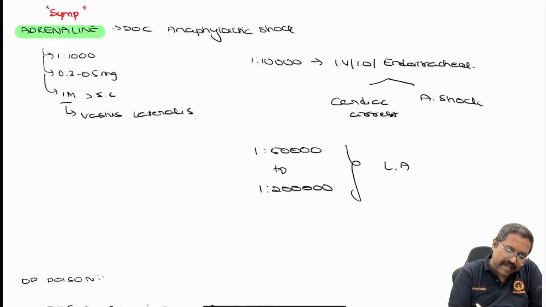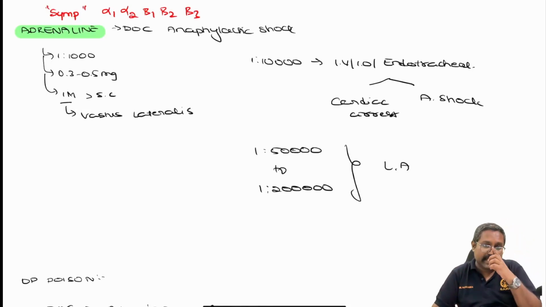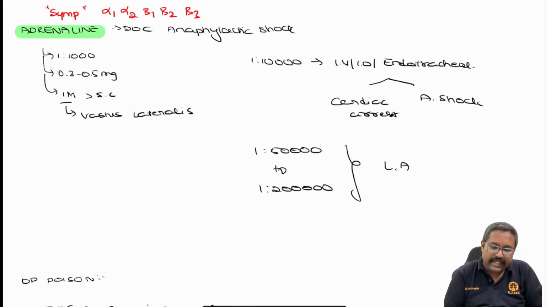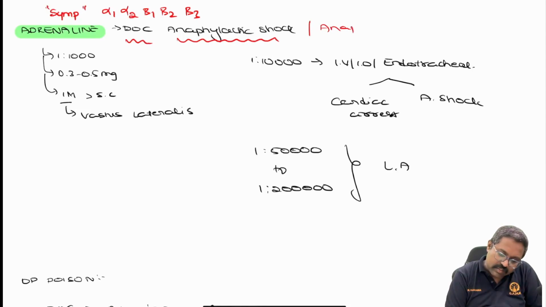Basically, it acts on the alpha 1, alpha 2, beta 1, beta 2, as well as the beta 3 receptors. So adrenaline is the drug of choice for anaphylactic shock. If they ask about anaphylaxis also, the drug of choice will be adrenaline.